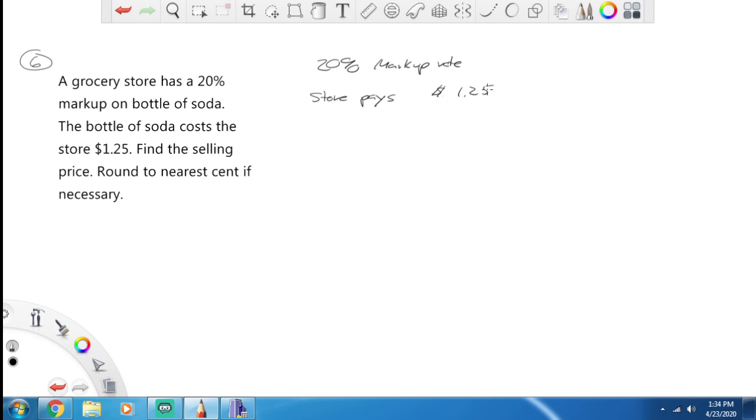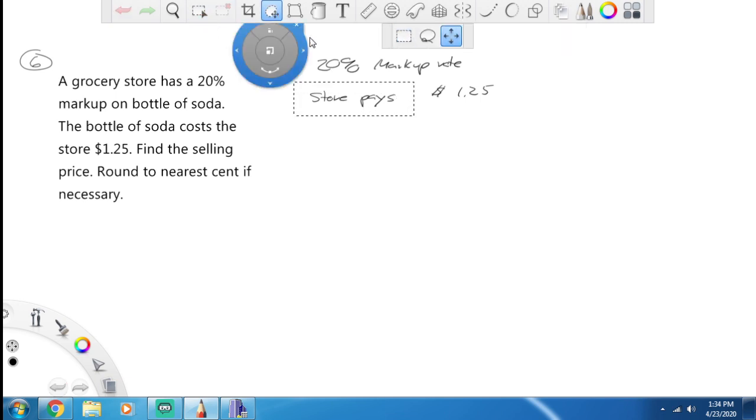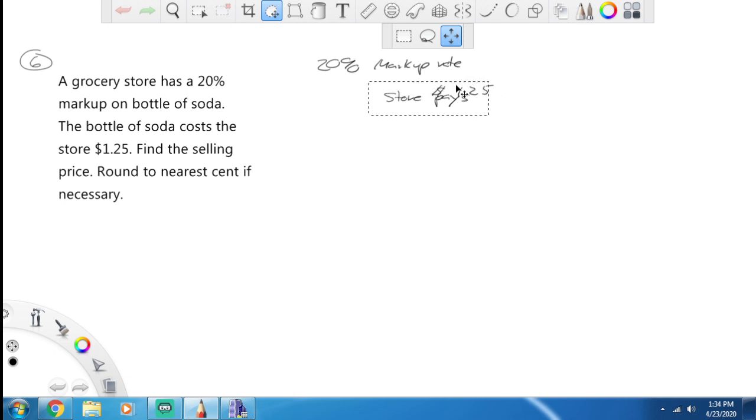In that case, you want to find your selling price here. I should write that the other way, shouldn't I? Let me just rearrange that and make it a little easier for you. I screwed that all up. I'll just rewrite it. Okay, so you have a 20% markup rate, and the 125 is how much the store paid for it. Okay.